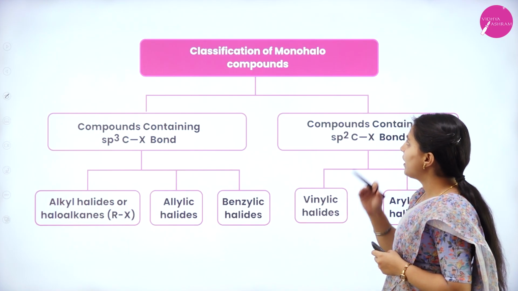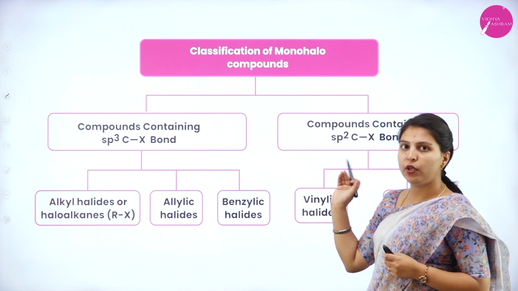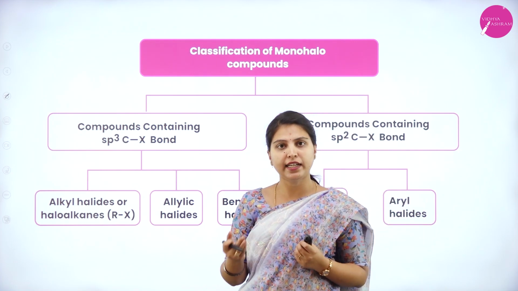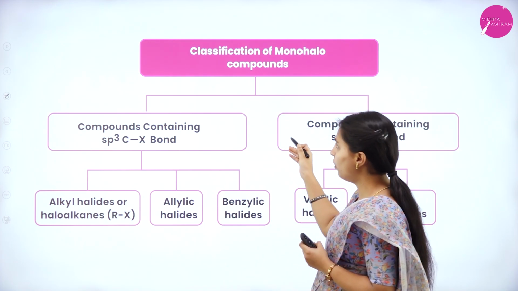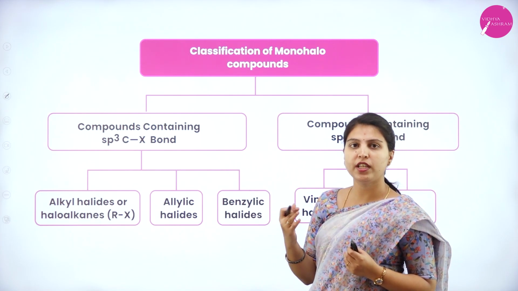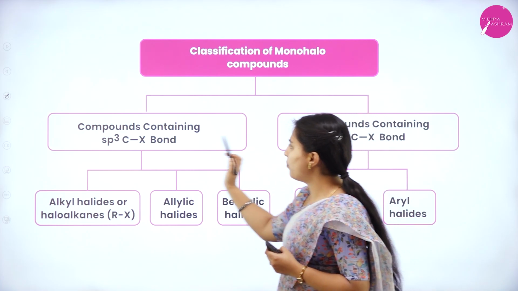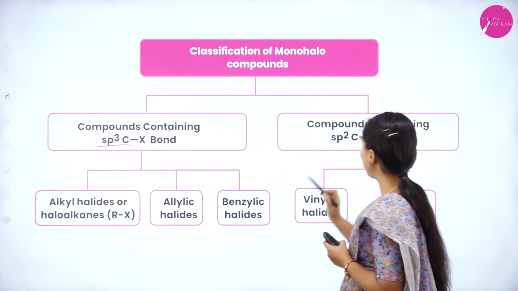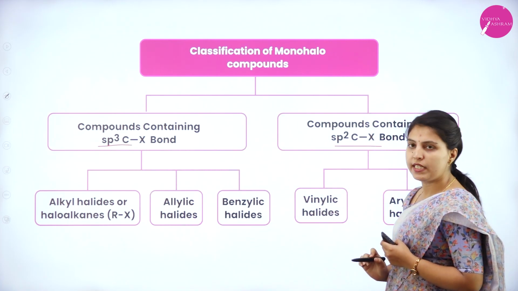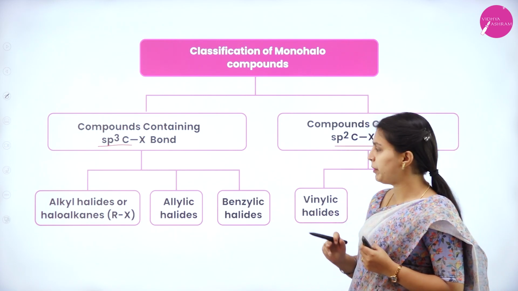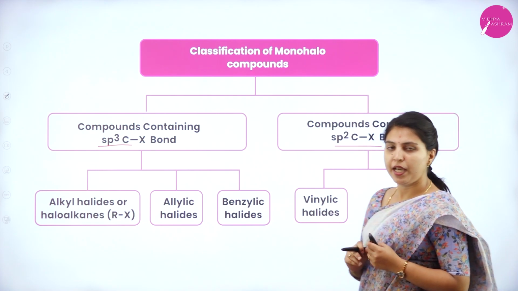Next, classification of monohalo compounds. We have seen the general classification of haloalkanes and haloarenes. Now, how are monohalo compounds classified? They are classified into 2 types: compounds containing sp3 C-X bond and compounds containing sp2 C-X bond. sp3 usually means single bonds, sp2 means a double bond is present.